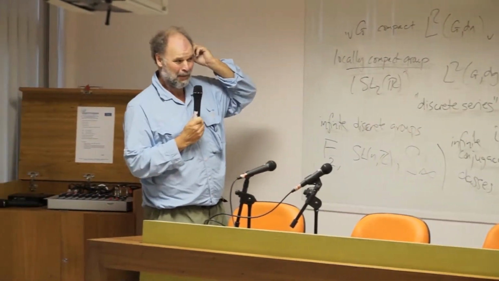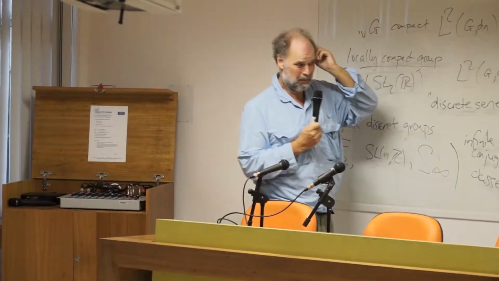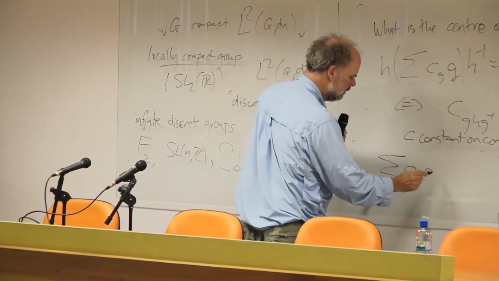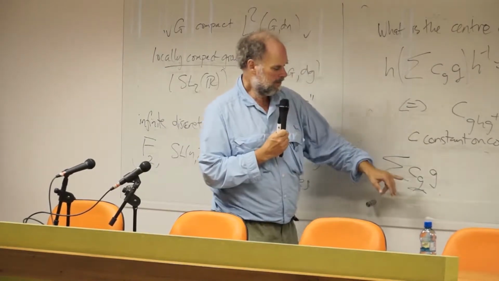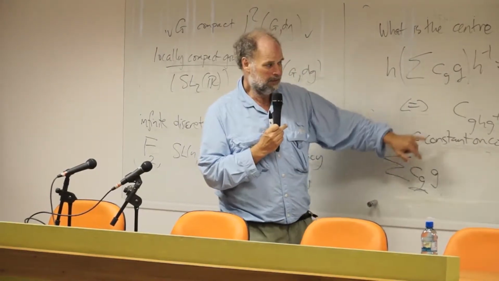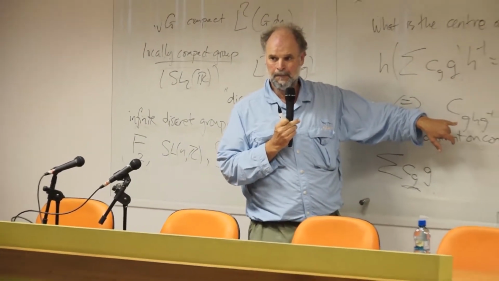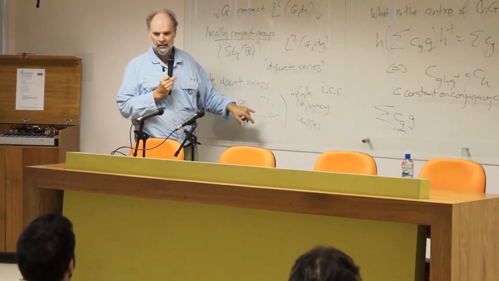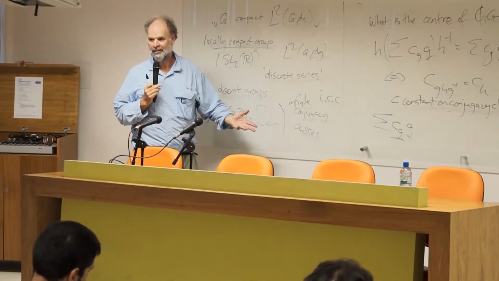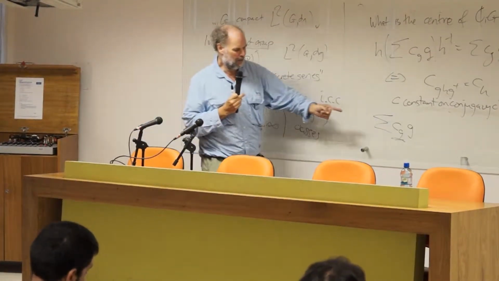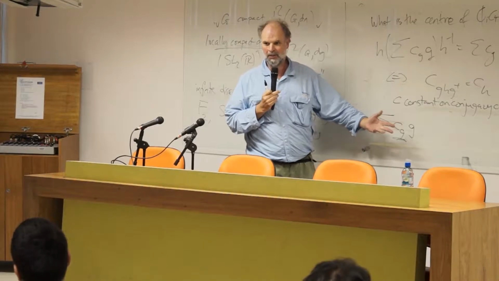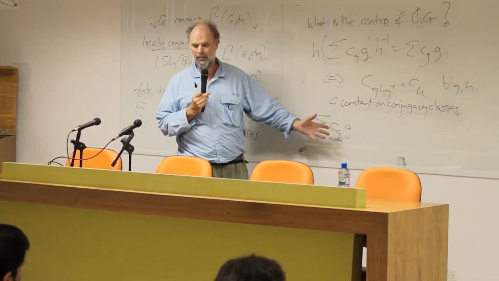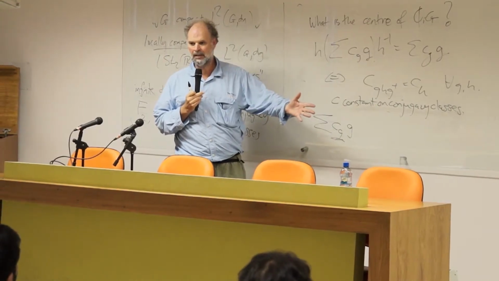Now you see, this is big trouble for the group algebra. If we have a sum of C_g g, and C is supposed to be constant on conjugacy classes, and all of the conjugacy classes are infinite, then how many C's are there? Remember, C has finite support. It's only non-zero on finitely many elements of the group, but it's got to be constant on conjugacy classes.